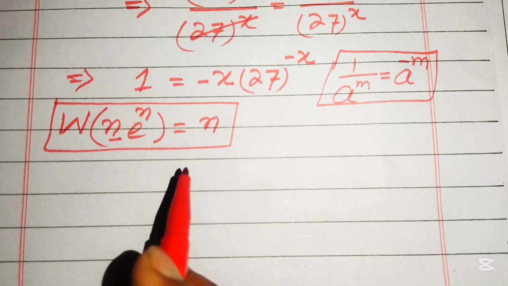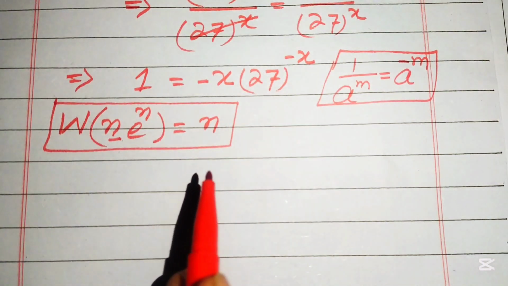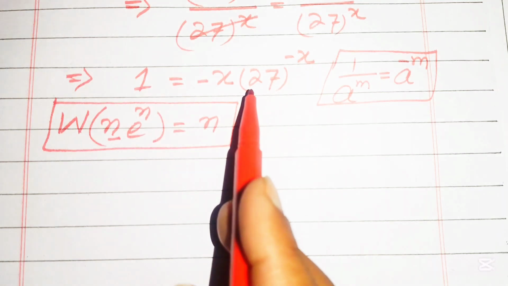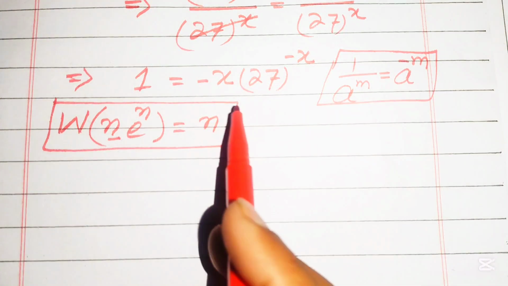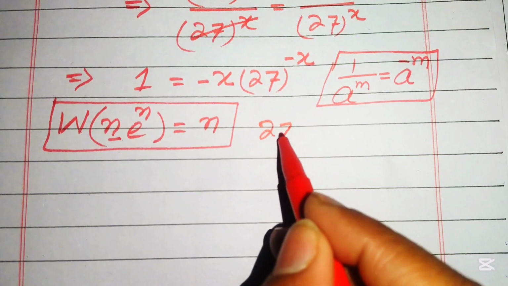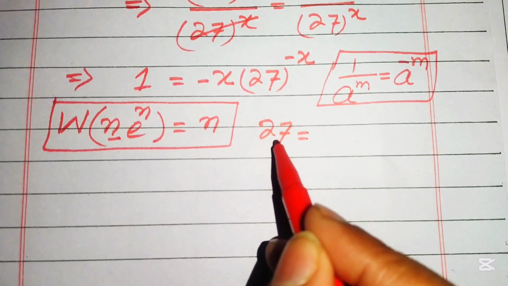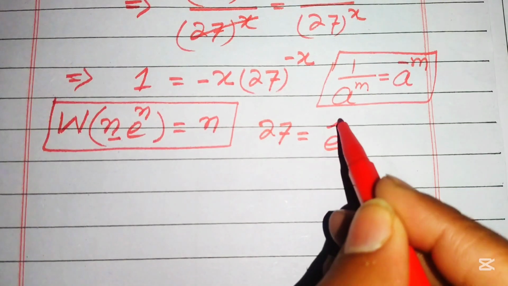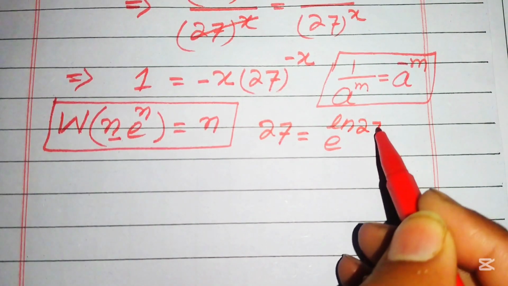Now we use this W function on the above term, so first we need to make the exponential term with base e. You see that this is 27, so we write this 27 as, we apply the log and anti-log at the same time on 27, so it will be written as e to the power of log 27.